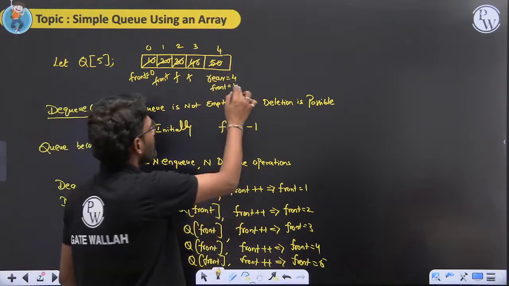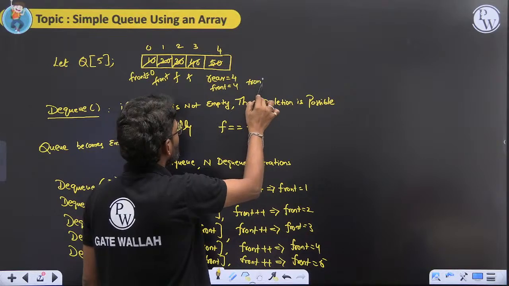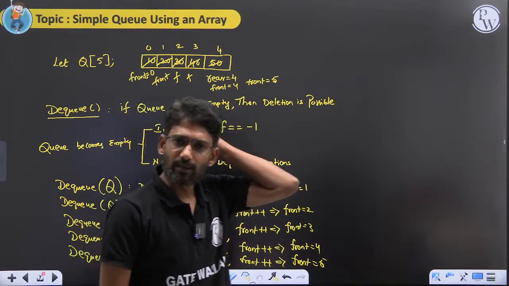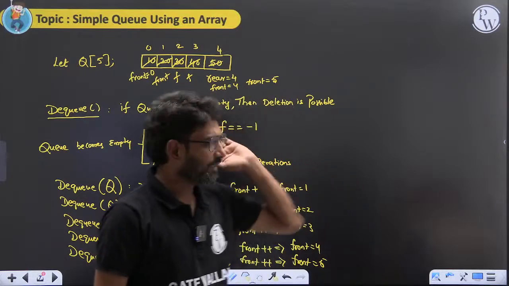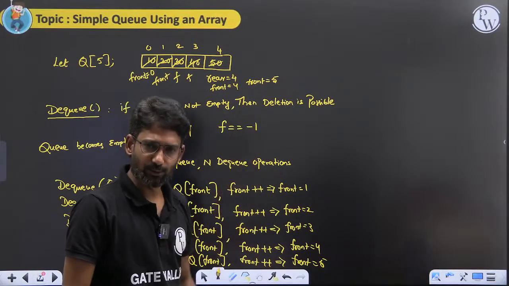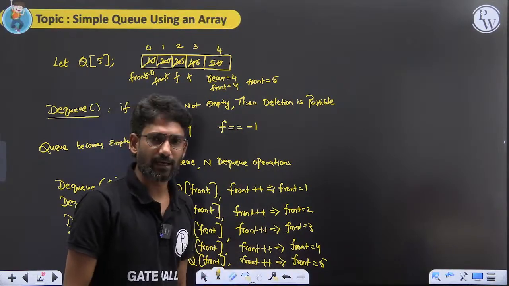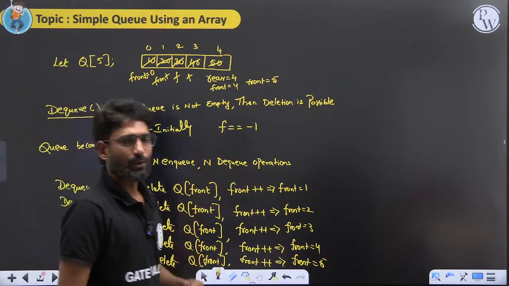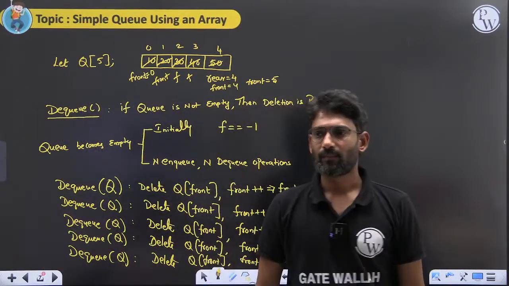Front crossed the rear value. So when front exceeds the rear value, then you can say the queue is empty, right?